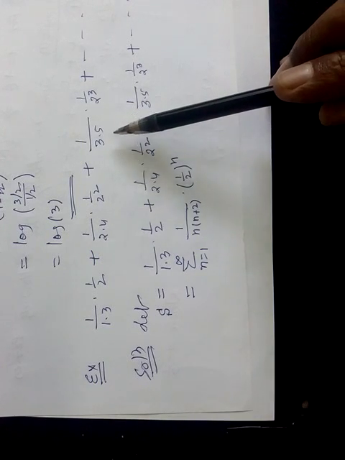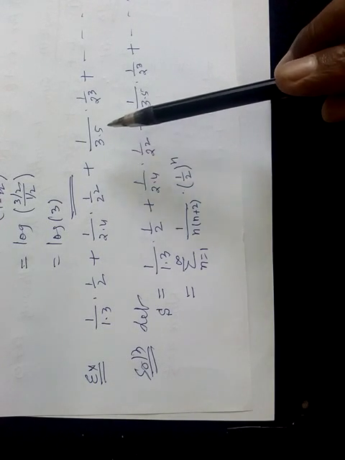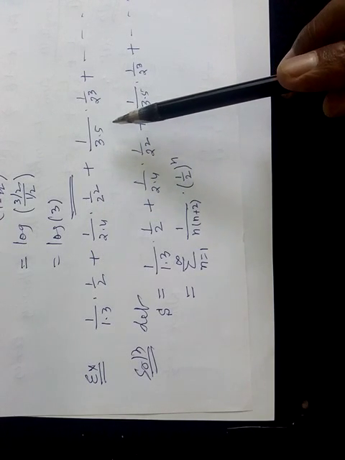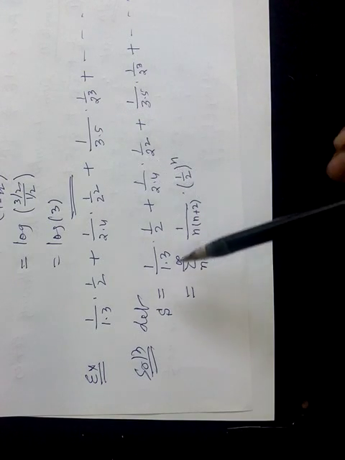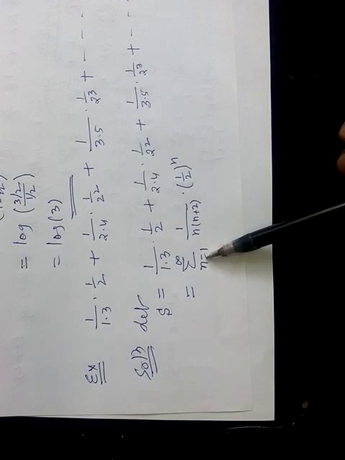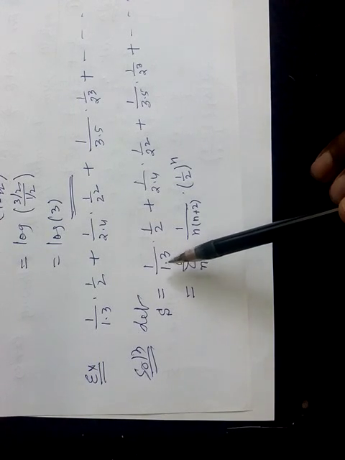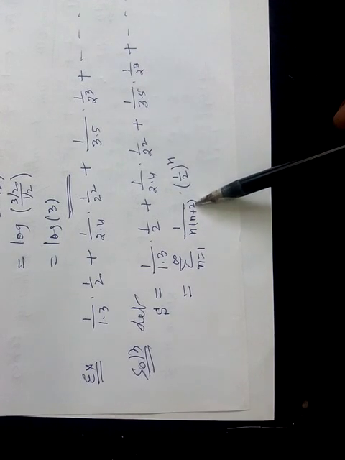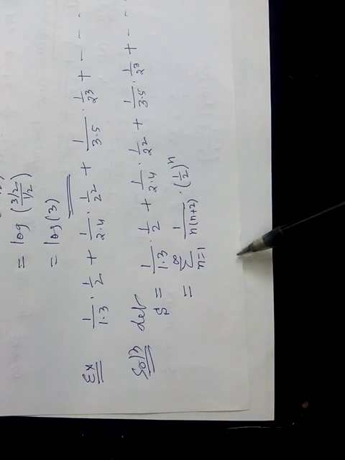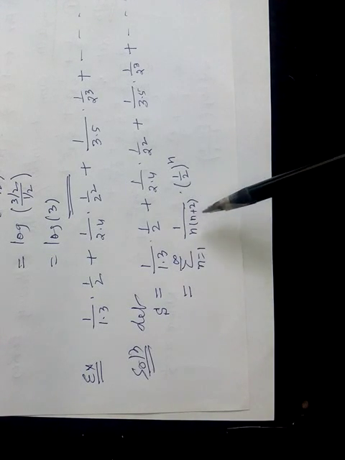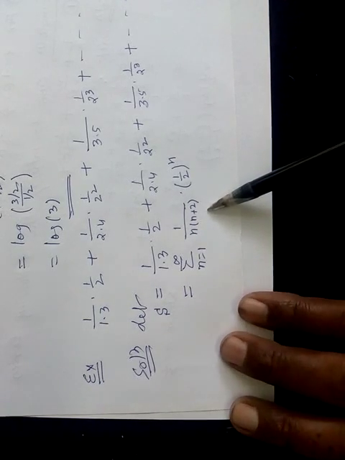Suppose in the denominator you have more than one factor, in that case the given series you have to write in summation. Just by comparing the first term, second term and third term, you have to write the nth term and take the summation, and you will get the summation form. Now comparing terms, you will get this one in summation form.